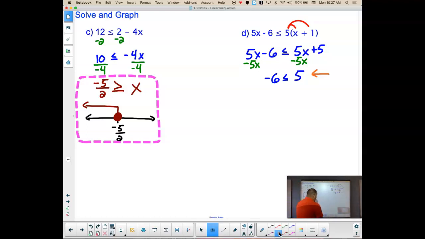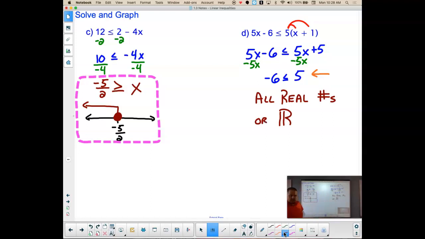So this is a true statement. So this is an all real numbers case. Or if you wanted to, the symbol for all real numbers is that.